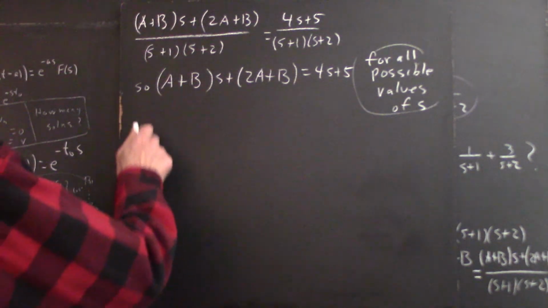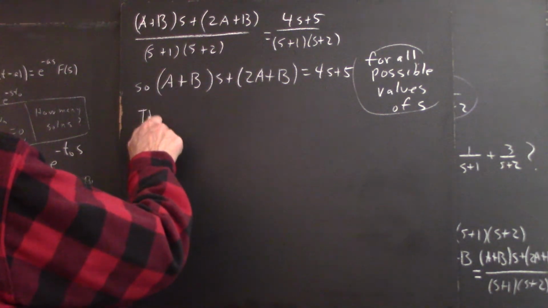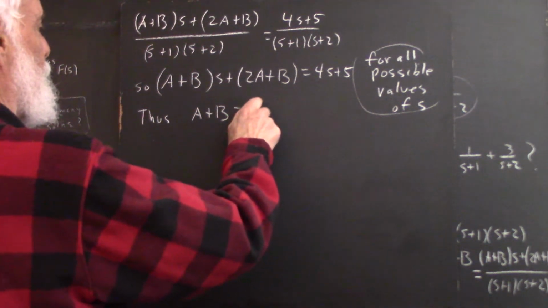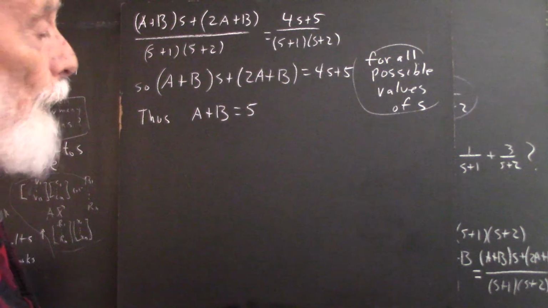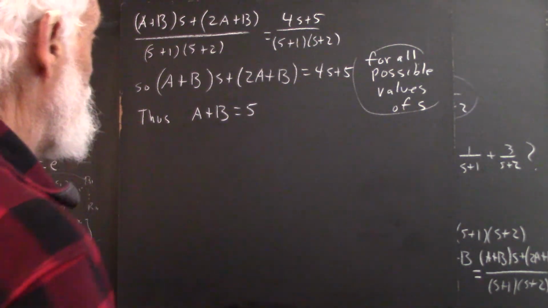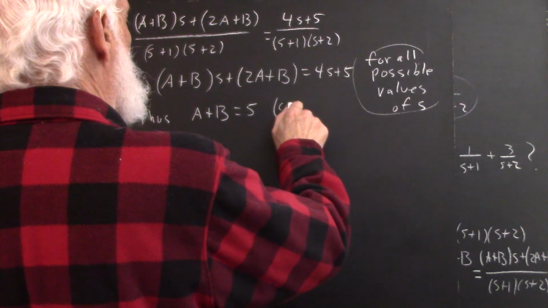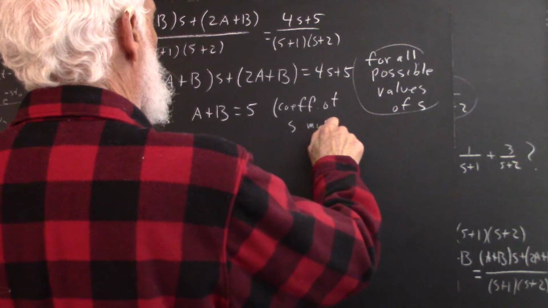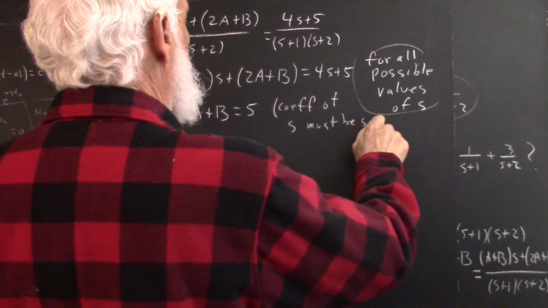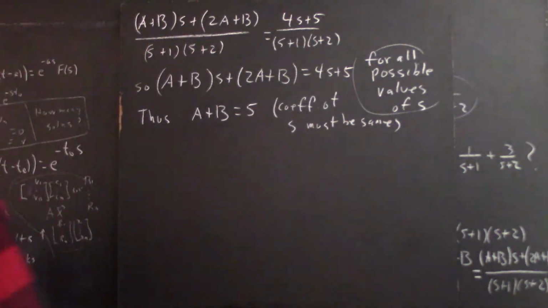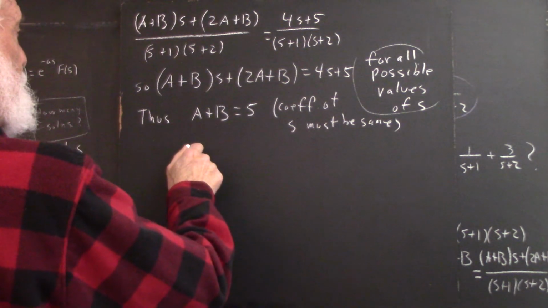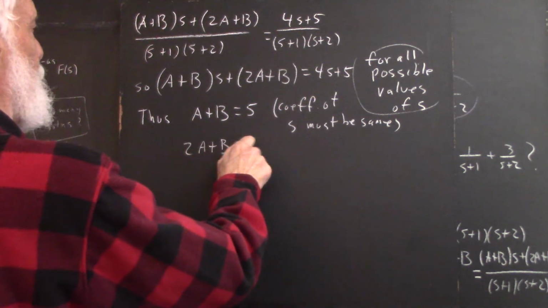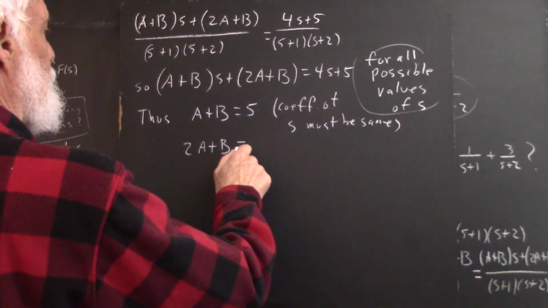So we have a plus b has to equal 5. The coefficient of s has to be the same on both sides. And 2a plus b has to equal 5.